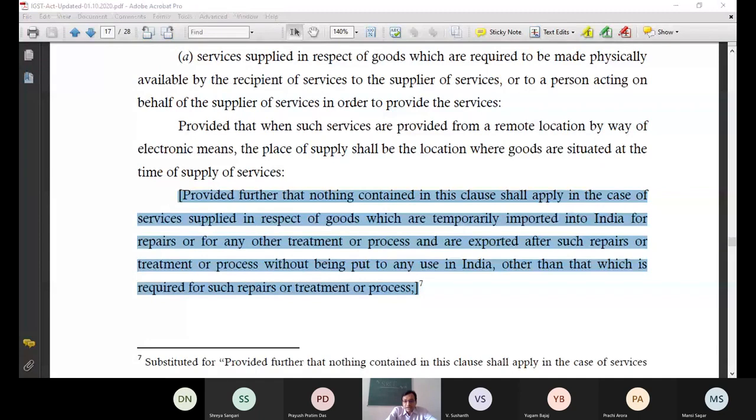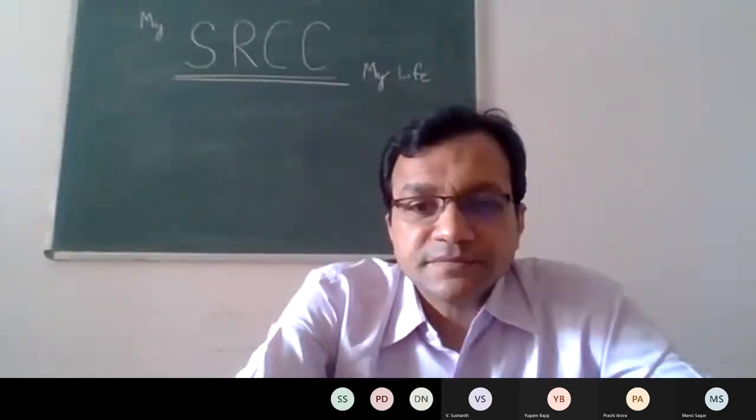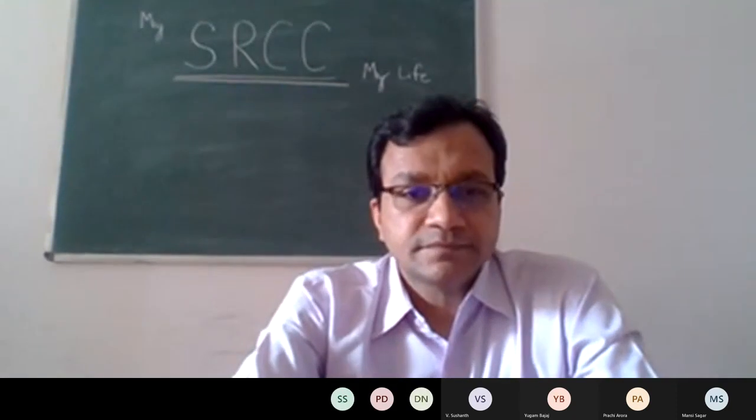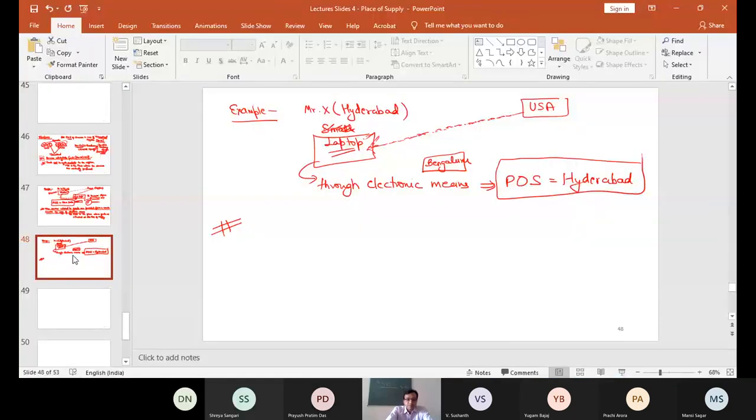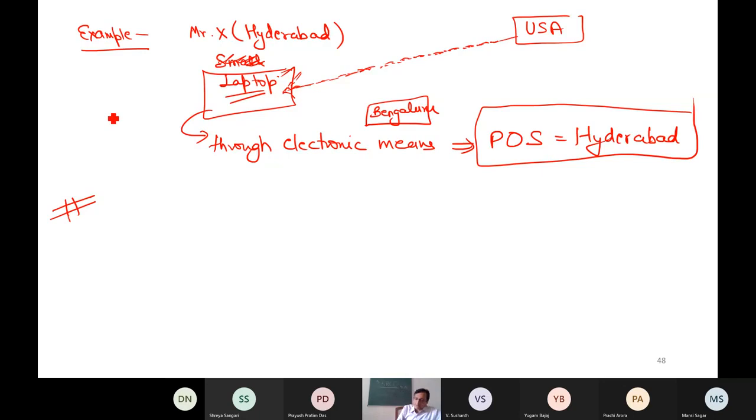Now let me simplify this point again for you. This is the second exception. It says that services related to goods which are temporarily imported. So this word is necessary to be remembered by you. Temporarily.